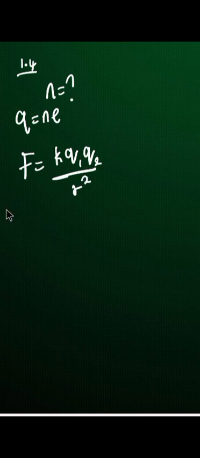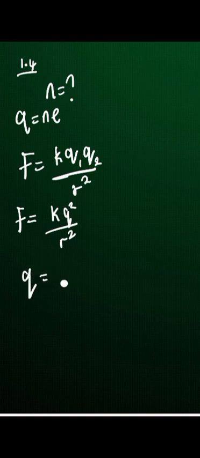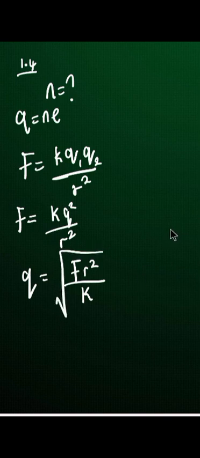In this case, our Q1 and Q2 are equal, so that becomes K Q square over r square. Making Q the subject of the formula, that becomes the square root of F r square all over K. Is that true? Yes. What is our F?